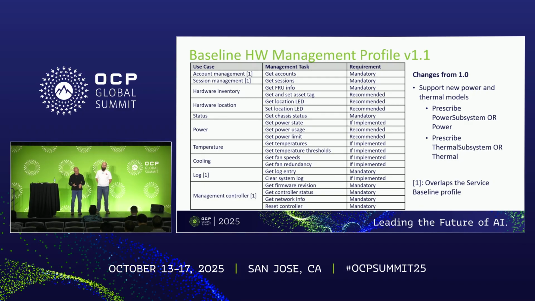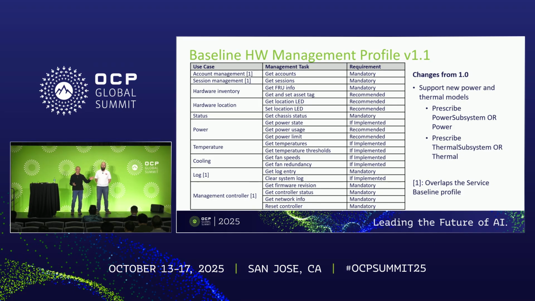You'll also notice there are things that don't have to exist in a platform, but exist because you're a Redfish implementation, namely account service, session service, and log service, and those are annotated with a 1. So this is an overlap, and this is where the other domains came in and said, we want that.